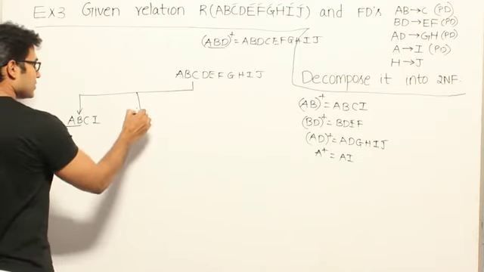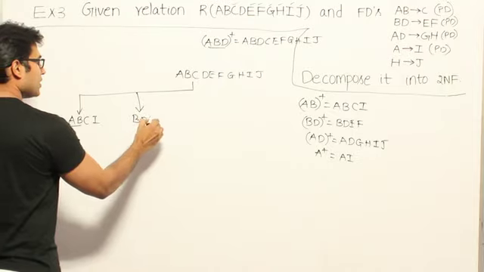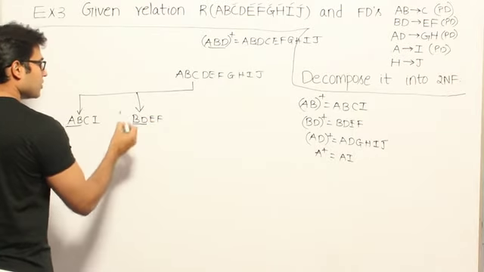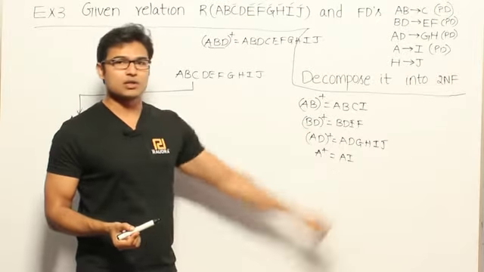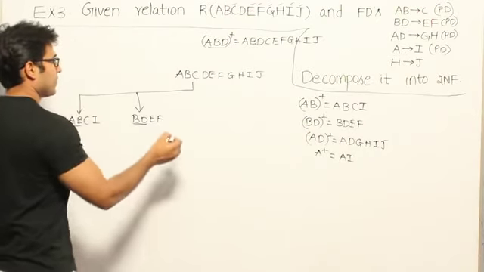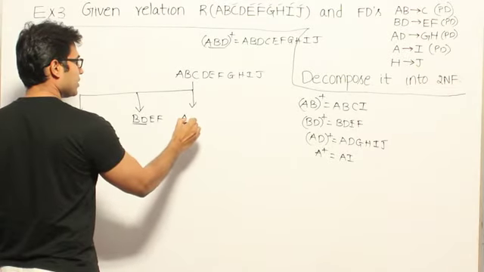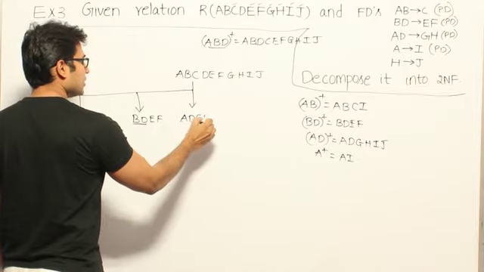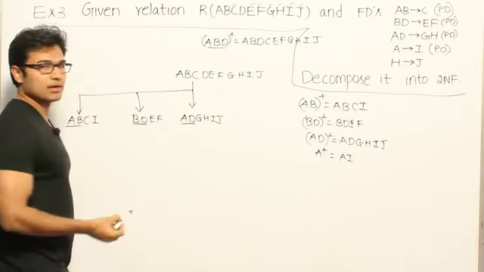And the second table is because of BD plus, I am going to get BD, EF, and for the newly formed table BD can be the candidate key because BD plus is getting all this. And then because of AD I can write ADGHIJ, and for the newly formed table AD is the candidate key.